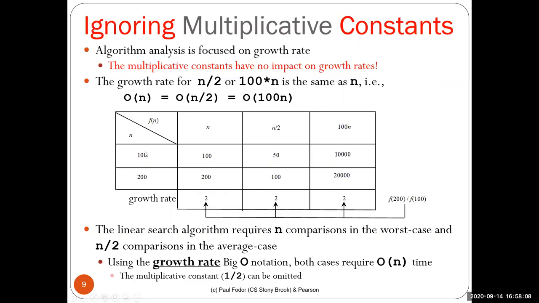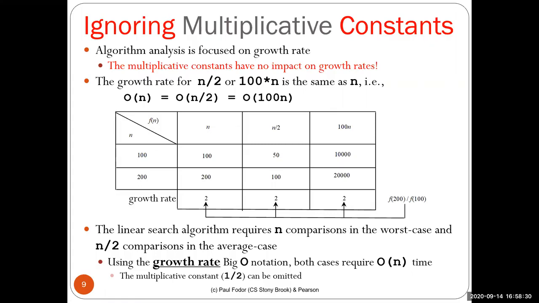However, if we double the size of the input from 100 to 200, the number of steps also doubles from 10,000 to 20,000. So really, the growth rate is the same no matter what the multiplicative constant is.